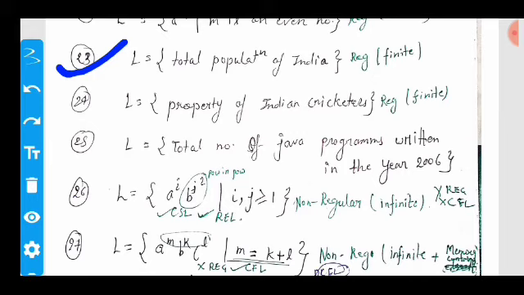Now move on to the 25th question. L equal to the total number of Java programs written in the year 2016. So it is also a finite solution, so it is a regular language. Now move on to question number 26.